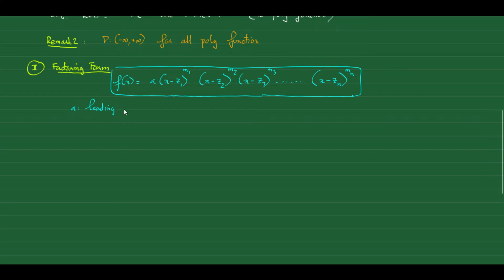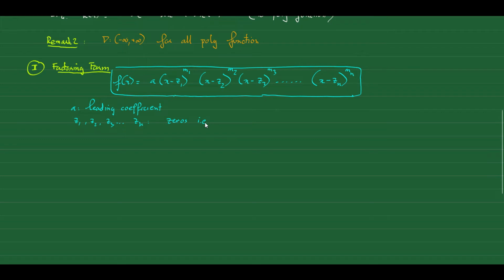Okay, a is the leading coefficient, and z1, z2, z3 to zn are called zeros.